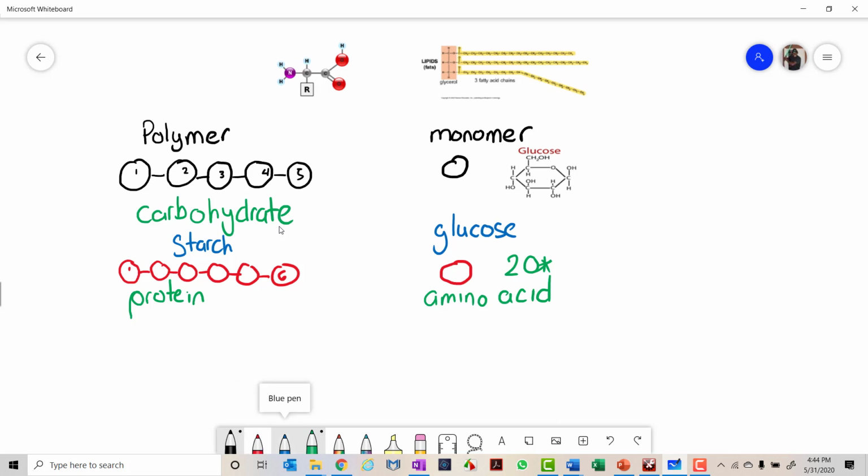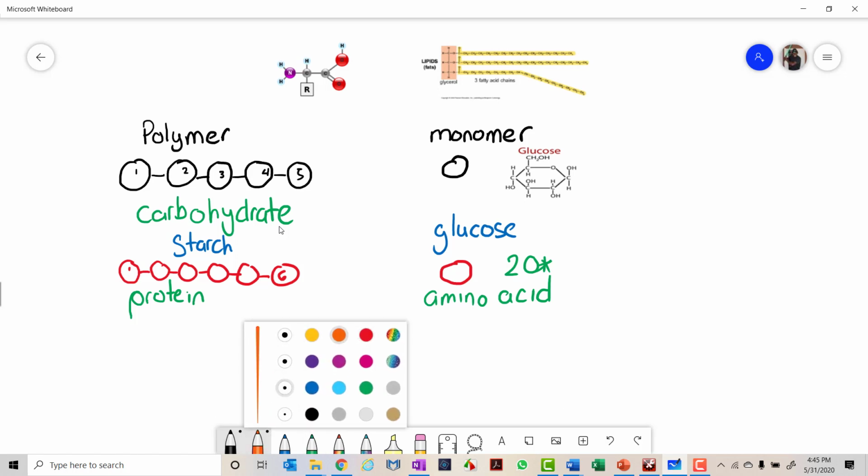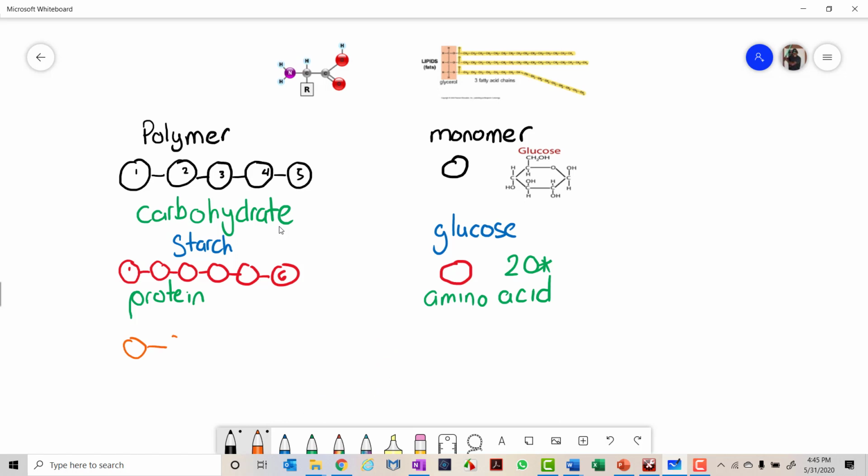We also have another one, and I guess I'll pick a new color here. Why don't I go with orange? So in this one here, this could be nucleic acids, so DNA and RNA. And in this case, I have done 5.